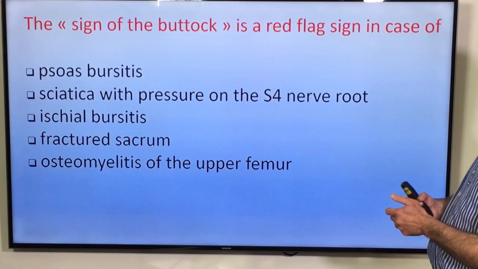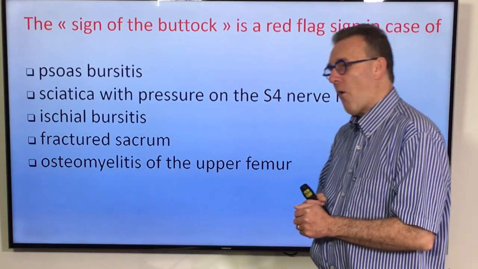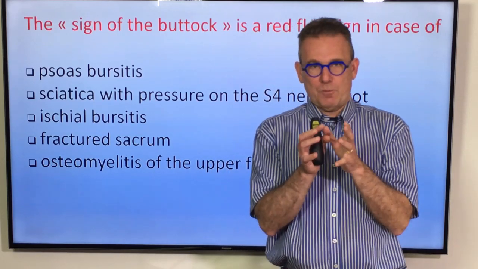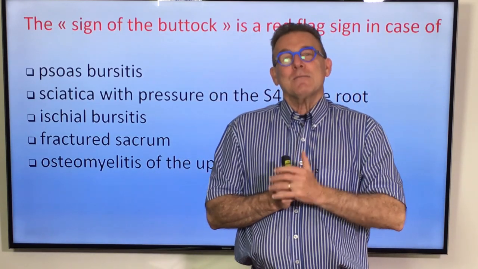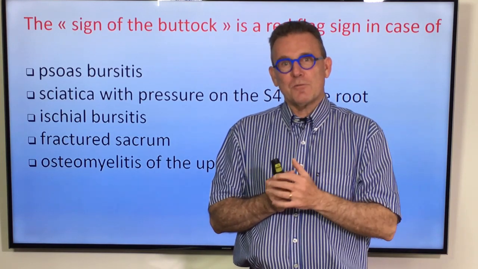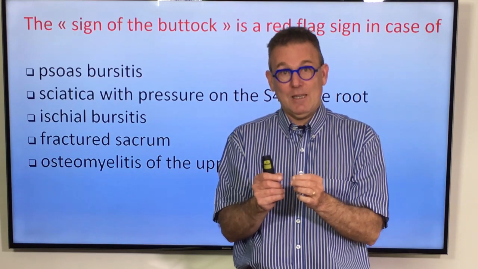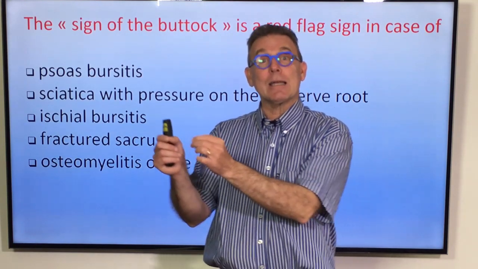The sign of a buttock is a red flag sign in which case? I refer to the specific film on the sign of the buttock, which you find somewhere on this platform. But you remember what was the sign of the buttock? The hip flexion is more limited and painful than the straight leg raise.